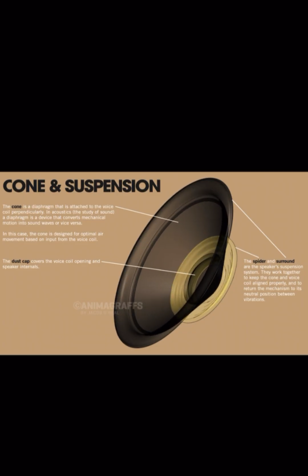This is where the spider comes in. The spider is the suspension rebounding system of the driver. It allows the moving components to have a floating point of reference to spring from and return to so as to be able to reposition themselves for the consistent reproduction of sound.